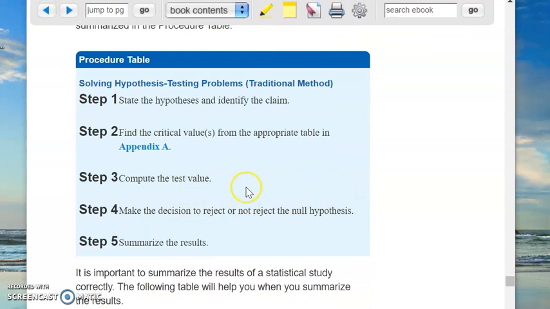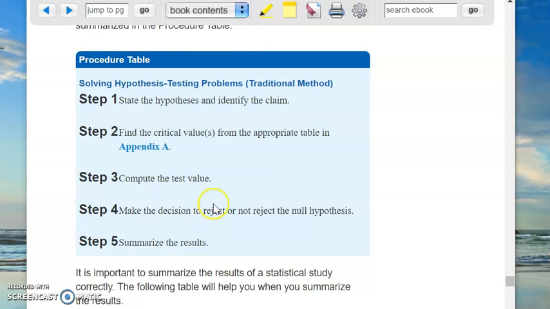The test value comes from your data. You gather the data, and from that data, you do the appropriate test, the appropriate formula, I should say. Let me start over. You gather your data, you look at your data, you calculate certain things, standard deviation, the mu, whatever it is you need to do, and then you use that information in the formula, and then that gives you a number. The output of that formula is a number. That's called the test value.